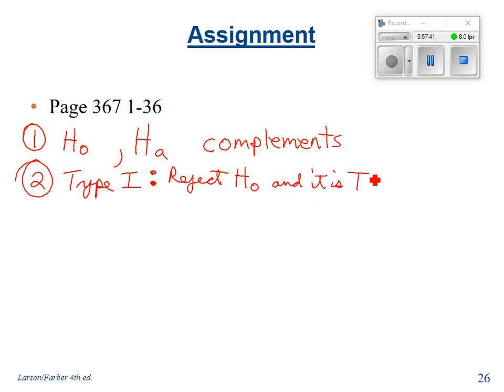So if we reject the null and it's true, we made a type 1 error. What's a type 2 error then? Fail to reject the null, and it is false.